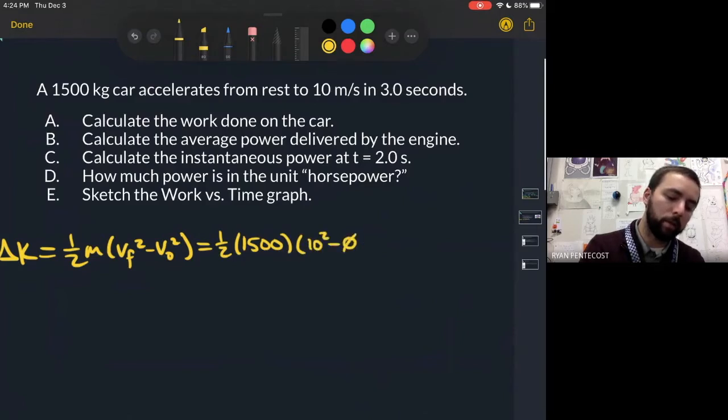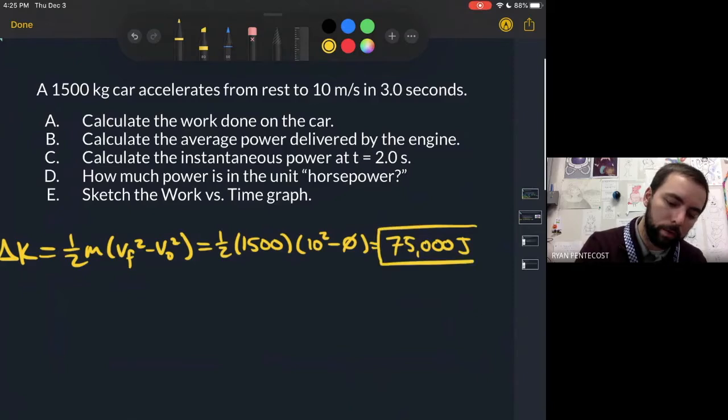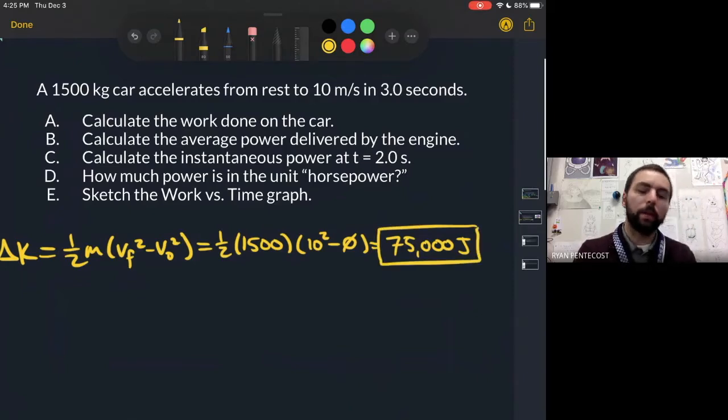Our initial is 0. And that will come out to 75,000 joules. That's how much work is being done on the car to accelerate from rest to 10 meters per second in 3 seconds.